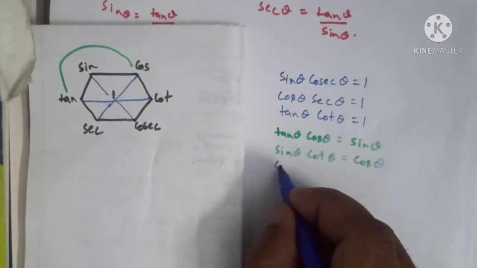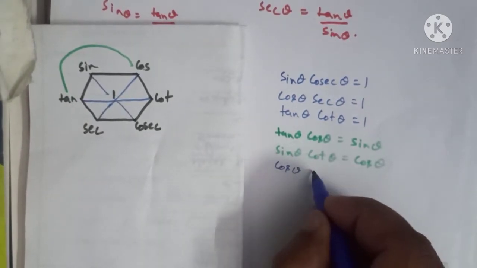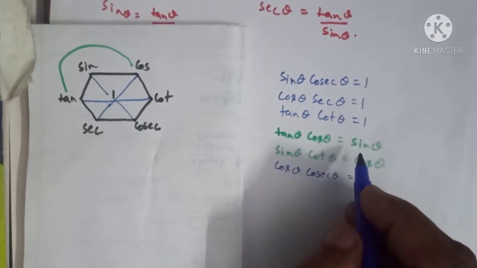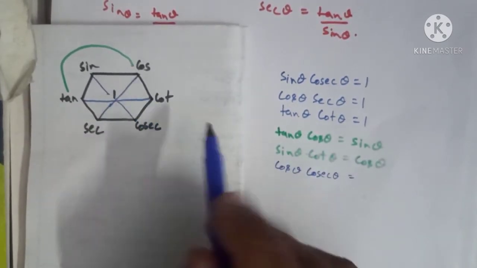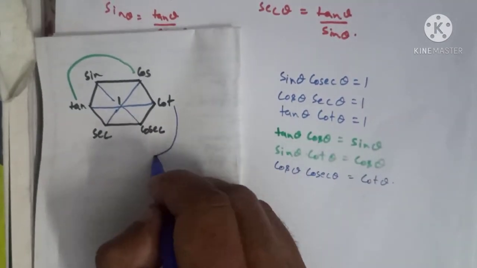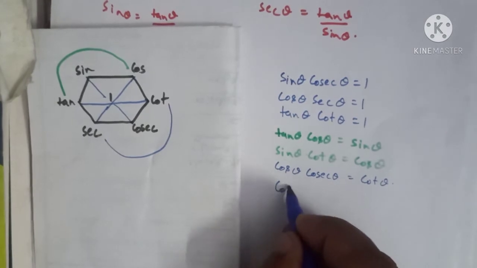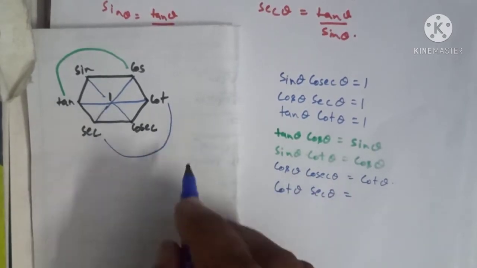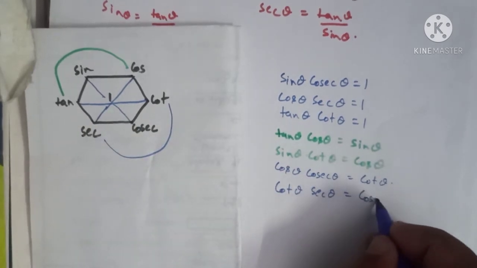Now cos theta and cosec theta: what is coming in between cos and cosec? That is cot theta. Again, cot theta and sec theta: what is coming in between? That is cosec theta.